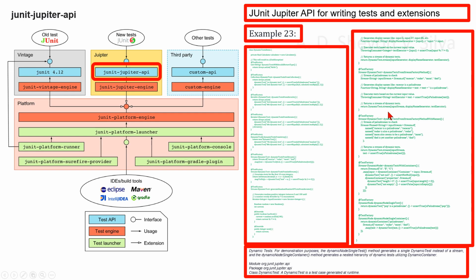For demonstration purposes, the dynamicNodeSingleTest method generates a single dynamic test instead of a stream, and the dynamicNodeSingleContainer method generates a nested hierarchy of dynamic tests utilizing DynamicContainer. This will result in a JUnitException.